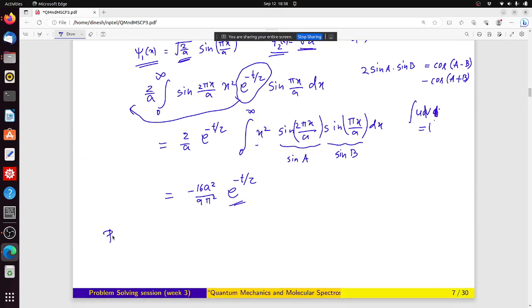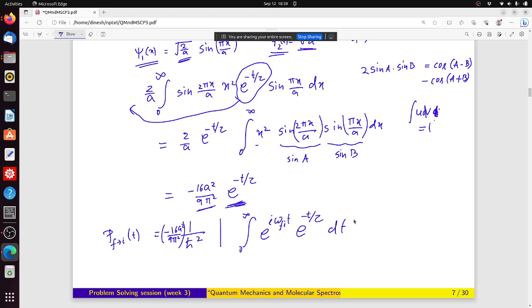Then our probability I am writing as 1 over h cross square mod of this integration 0 to infinity e to the power i omega fi t. Then this time dependent part e to the minus t over tau, and the time independent part we can take out: minus 16 a square over 9 pi square.